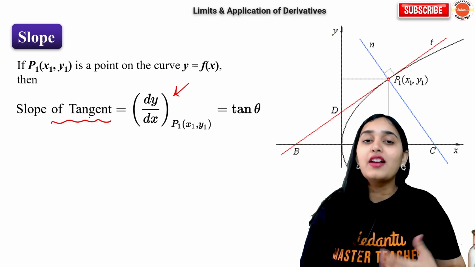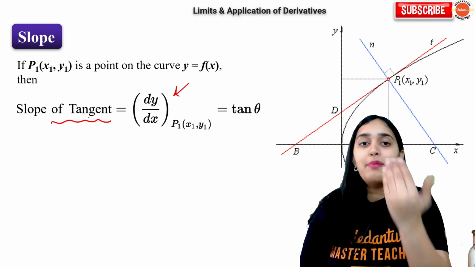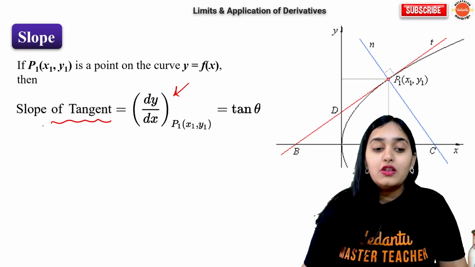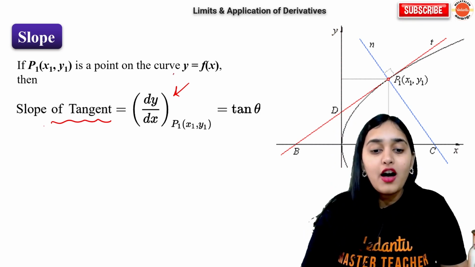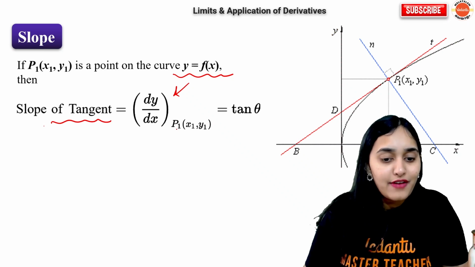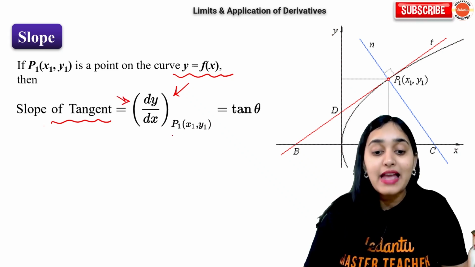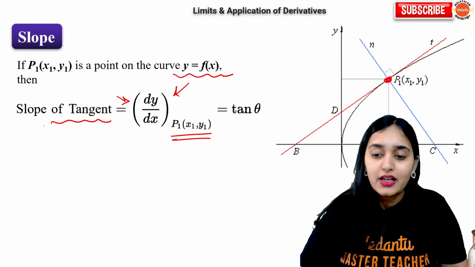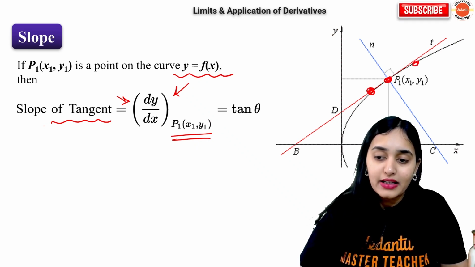It is just the dependent variable with respect to the independent variable. So the slope of the tangent for a curve y equals f of x is dy by dx at the given particular point.